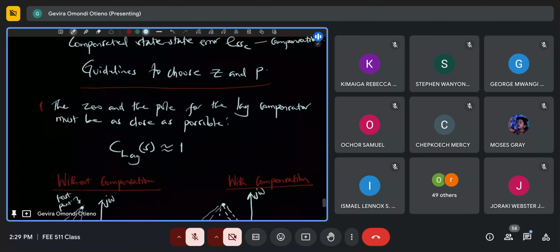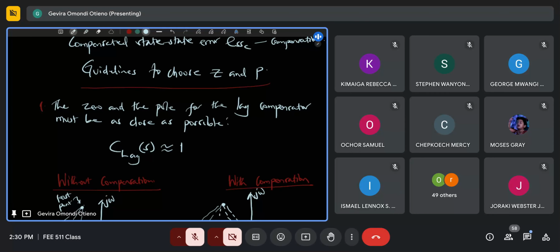The idea here, again, ladies and gentlemen, is to ensure that the transfer function for our lag compensator is approximately equal to 1. The reason why we want it to be approximately equal to 1 is because we don't intend to change the transient response of the system. We also don't intend to change the stability of the system. That has been taken care of by the lead compensator. Here, we only want to reduce the steady state error. So we don't want to affect the angle condition.